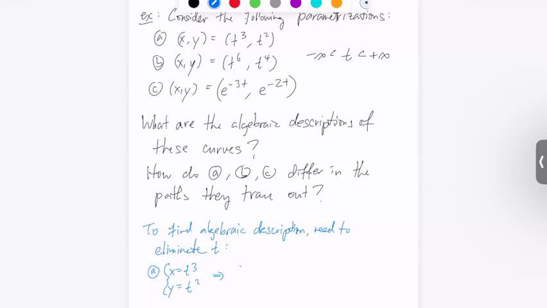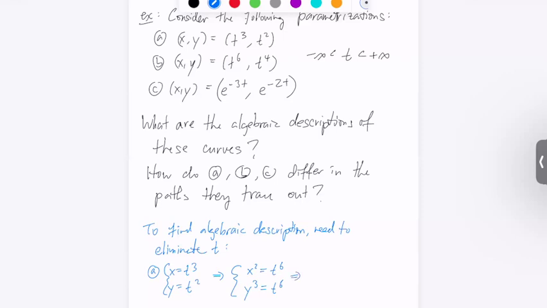But you could eliminate this issue by first squaring x. If you square x, that gets you t cubed squared, which is t to the 6th. Y cubed gets you t squared cubed, which is also t to the 6th.